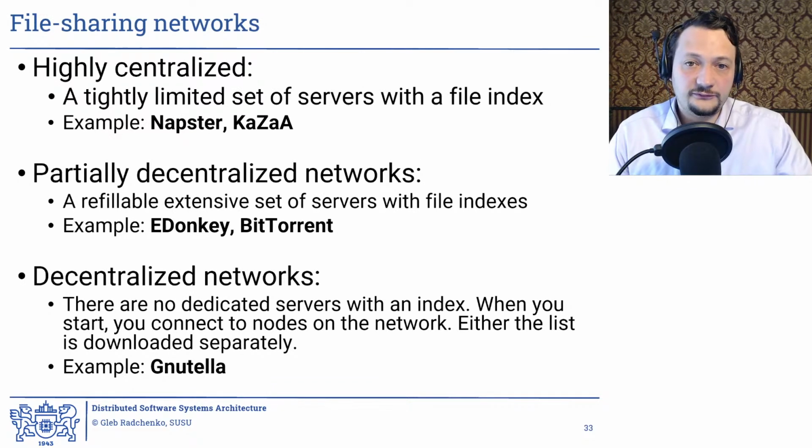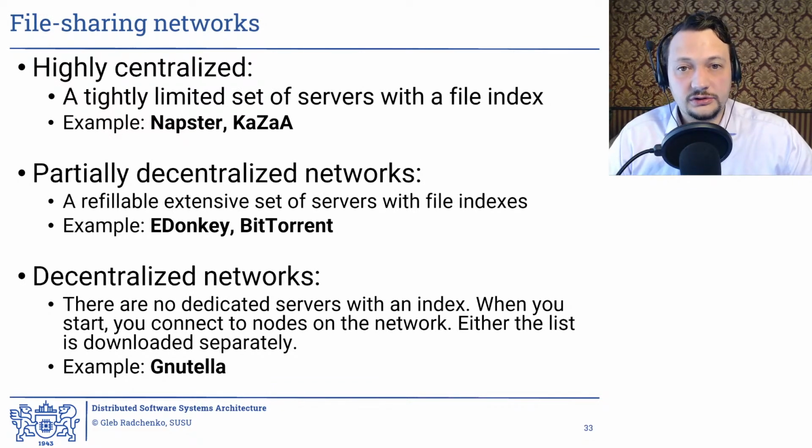So if we take a look at the landscape, we would say that there are three types of file sharing networks that we can highlight. The first type is highly centralized file sharing networks.